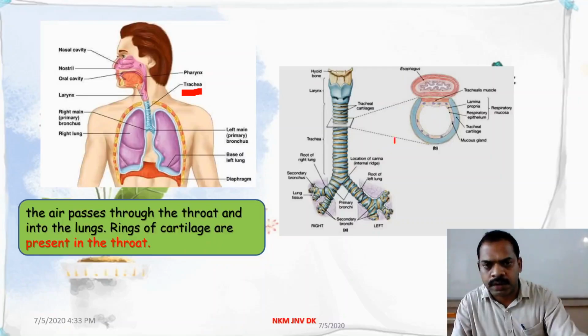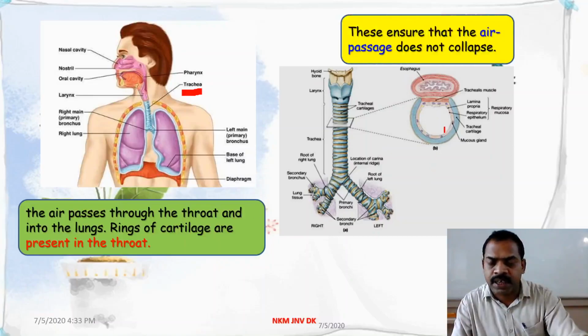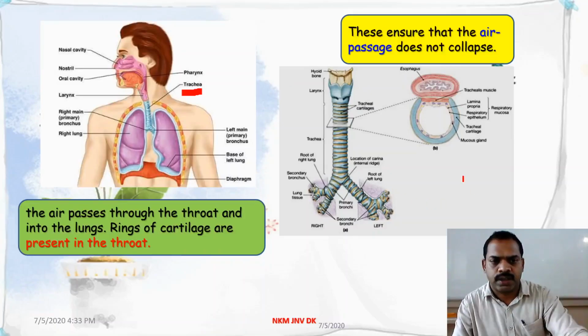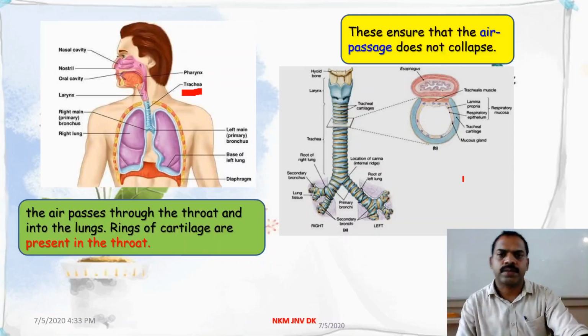So why is it a C-shaped cartilage here? It prevents the trachea from collapsing and always keeps it open. See the esophagus, when food is not there, it is closed like this. But our windpipe, the trachea, should always be kept open. In order to do that, it is supported by C-shaped cartilaginous rings all through the trachea to the bronchi.